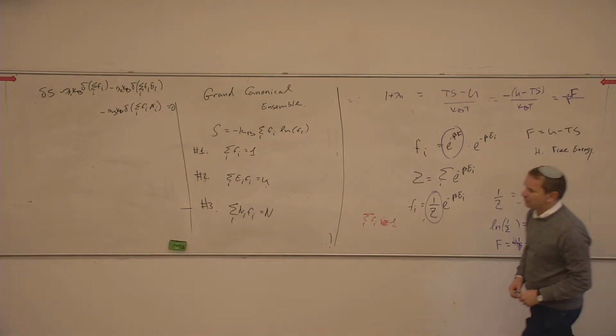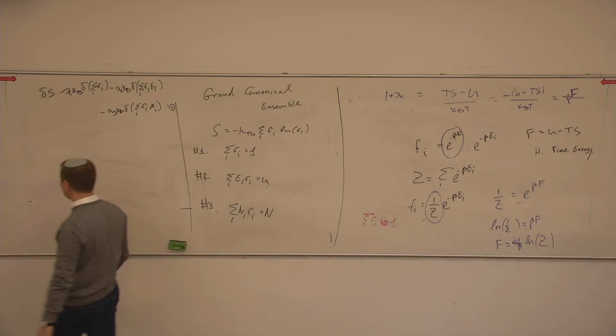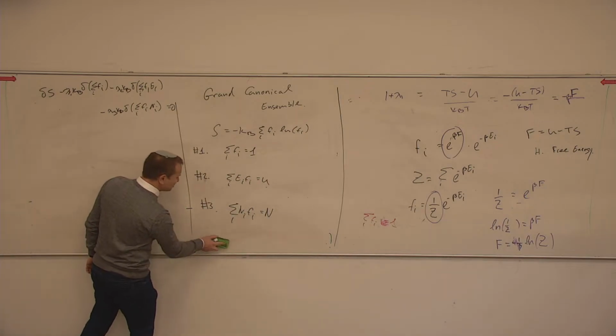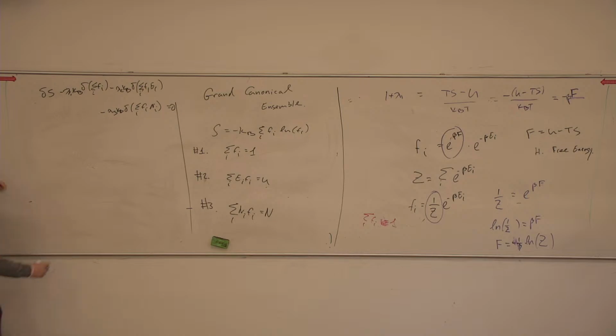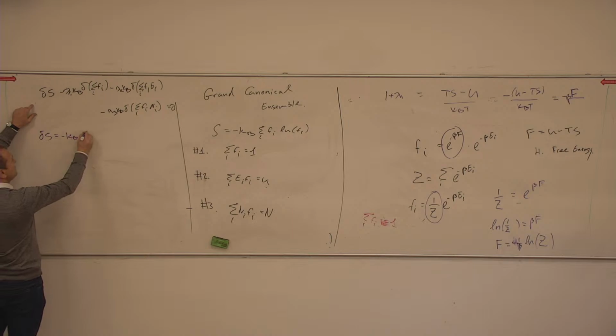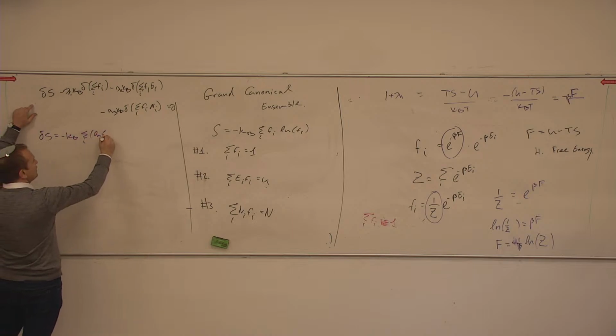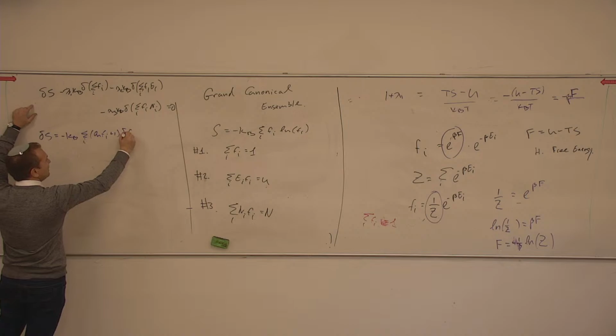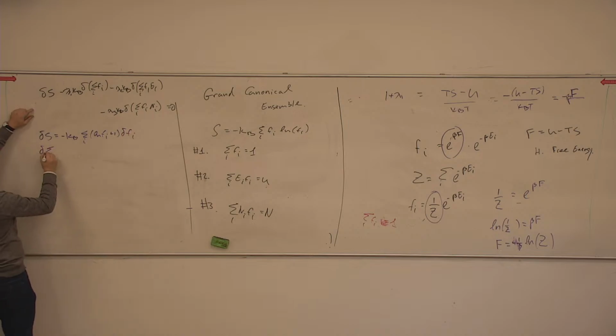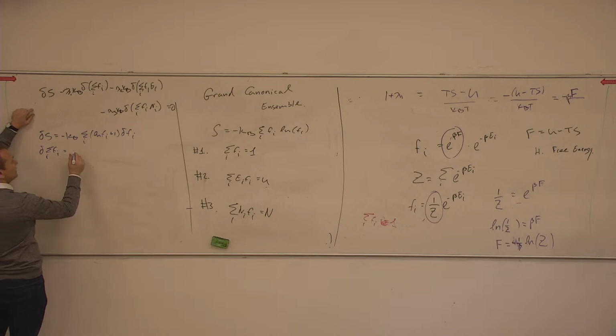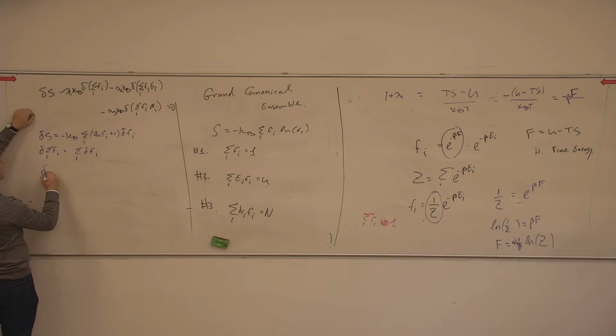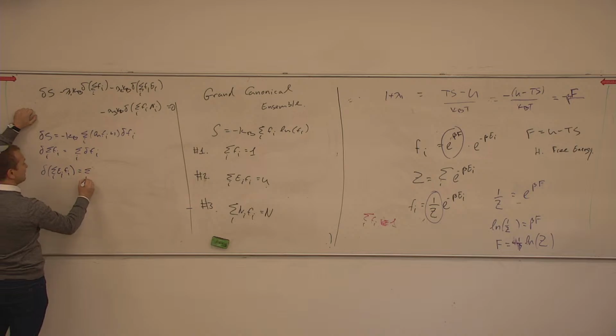Now, it's easy. Once you do it once, every time you repeat it, it's actually very, very easy. I know what delta S is. Delta S is minus k_Boltzmann, sum over i, log of f_i plus 1, delta f_i. I know what delta of the sum over i of f_i is. It is the sum over i of delta f_i. I know what delta of the sum over i of E_i f_i is. It's just the sum over i of E_i delta f_i.